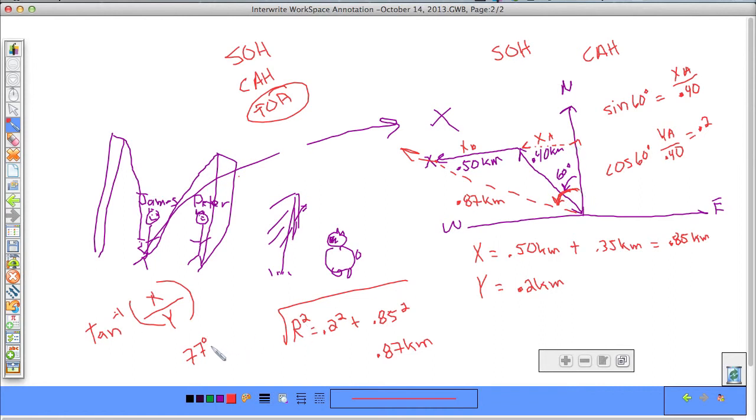So 77 degrees west of north. There it is. So now they know their angle, and now they know their distance they need for their slingshot, so they're ready to go, and they should be able to slingshot themselves right to their destination and avoid all the scary wilderness and moss and stuff. All right.